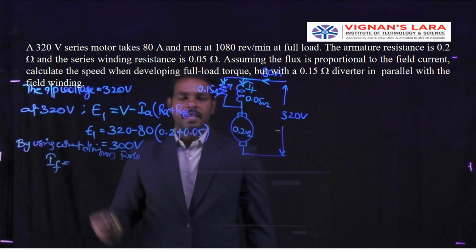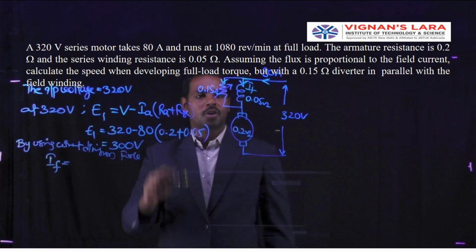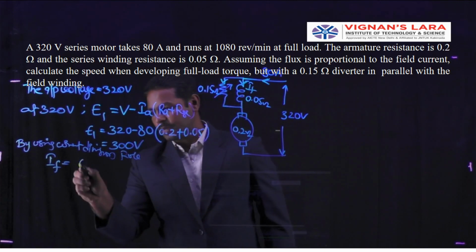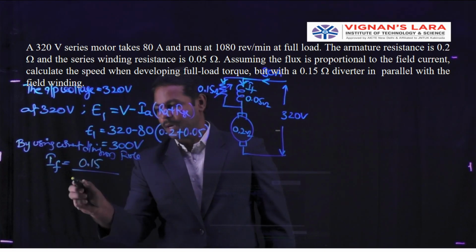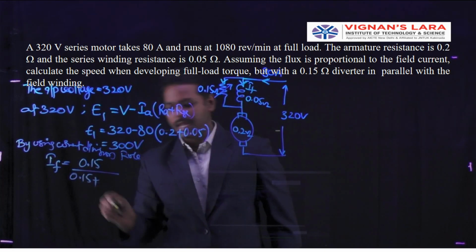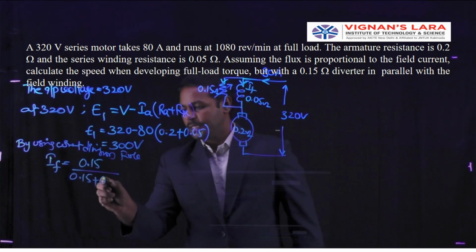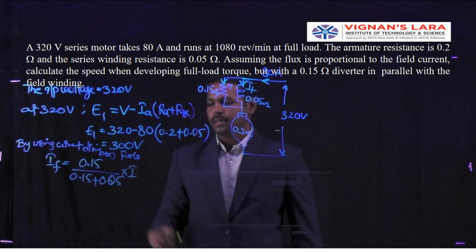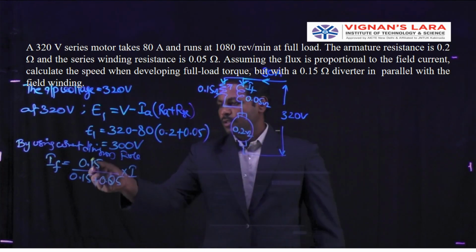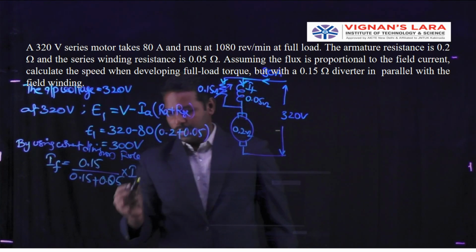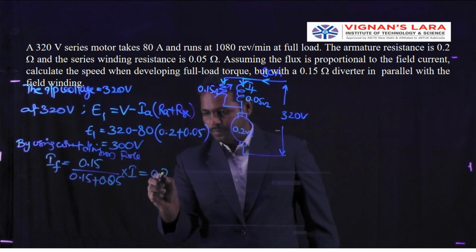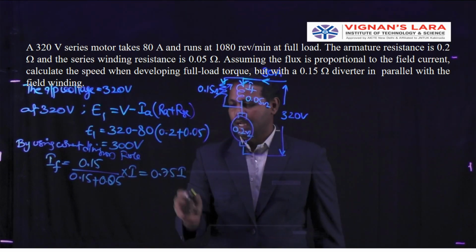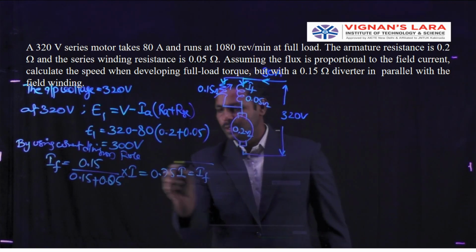By the current division rule, If is equal to the total current multiplied by the opposite resistance, that means 0.15 divided by (0.15 plus 0.05), times the current. So 0.15 divided by the total resistance is 0.75, times I, which is equal to If.